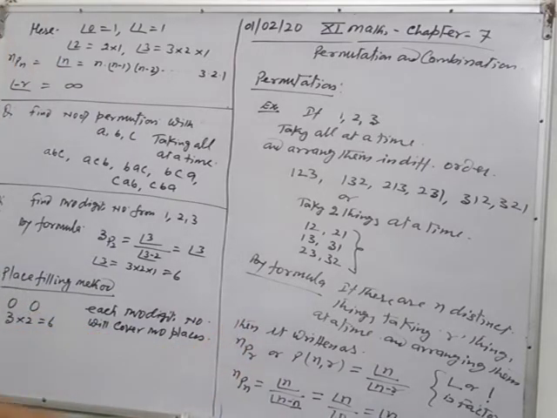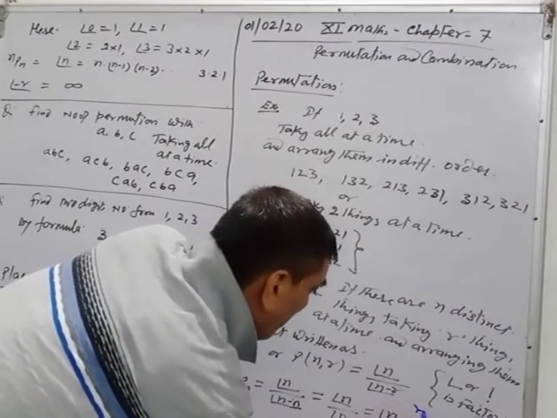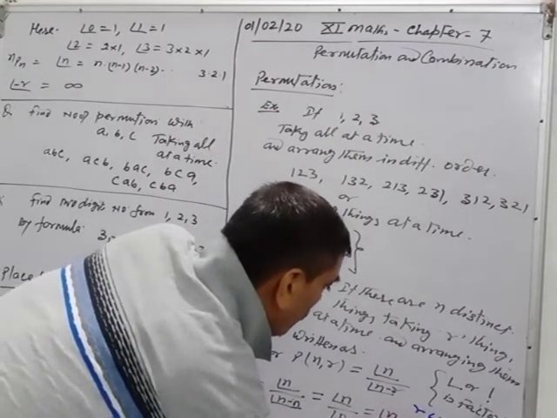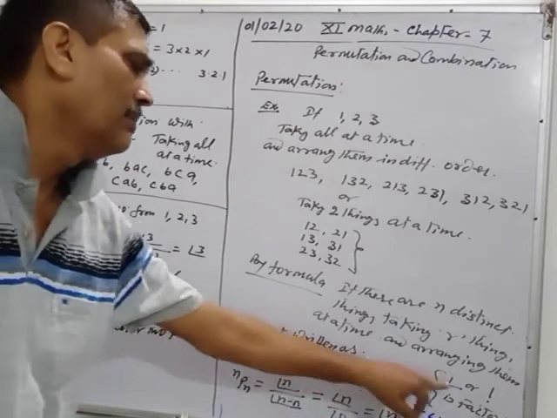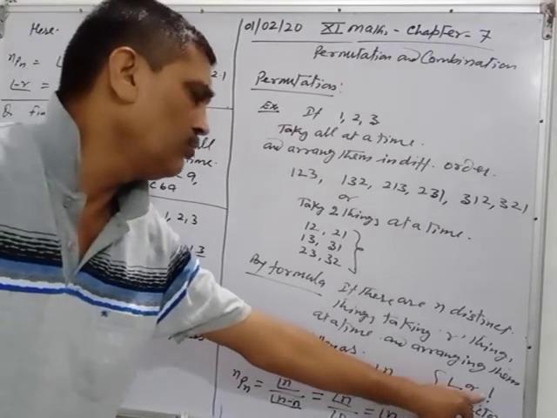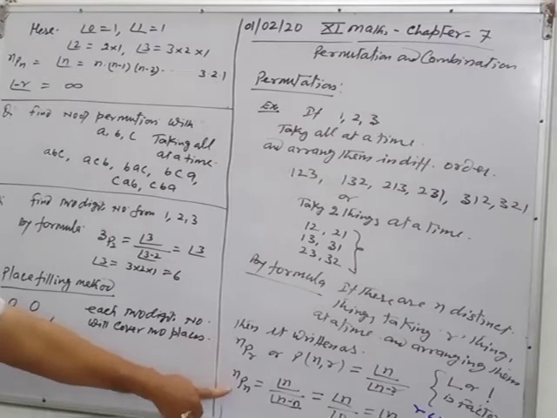And remember here r is less than or equal to n, not greater than n. Okay. So this symbol is known as factorial, means you will find the factors. So nPn means taking all n things at a time and arranging them.